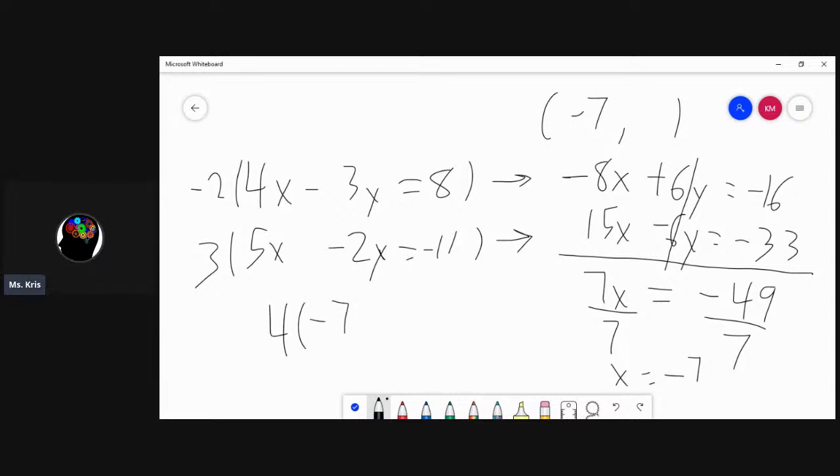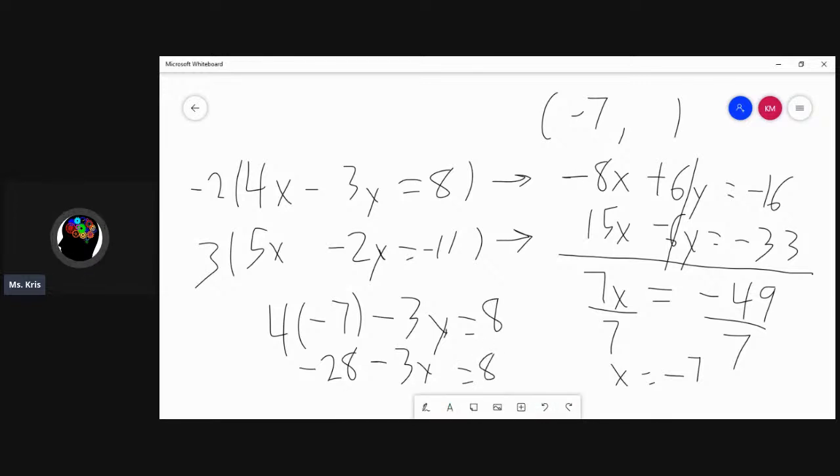So 4 times a negative 7 minus 3y equals 8. 4 times a negative 7 gives me a negative 28. Minus 3y, and that equals 8.